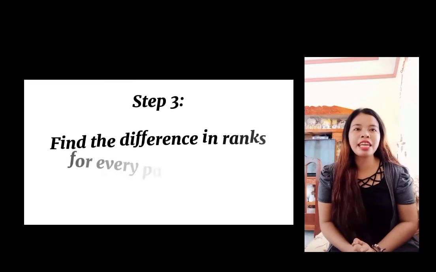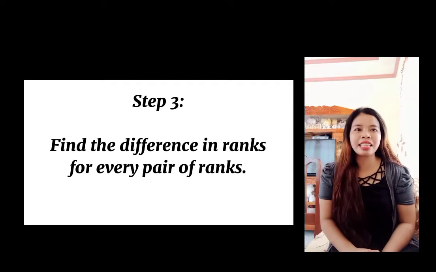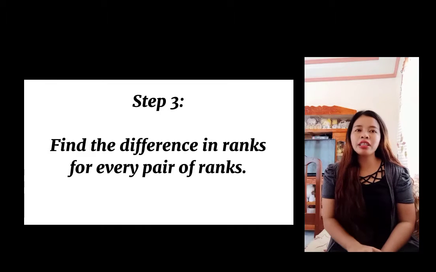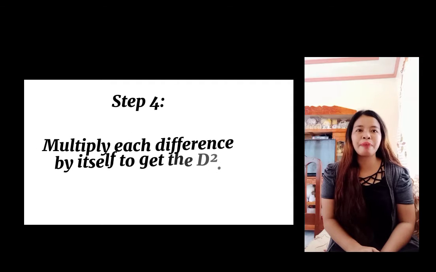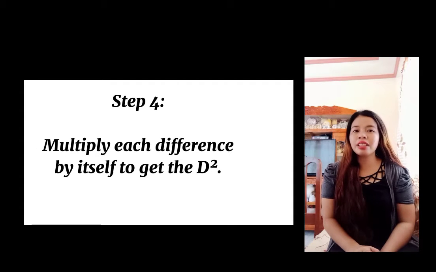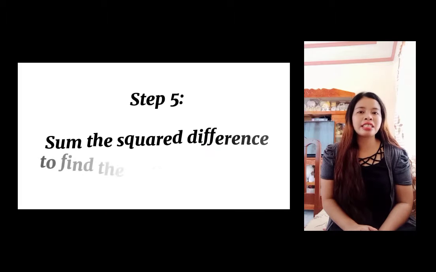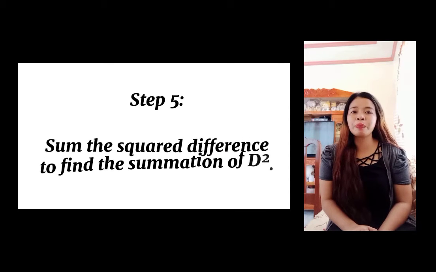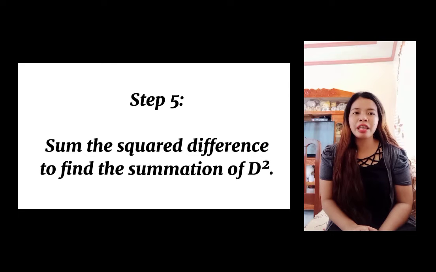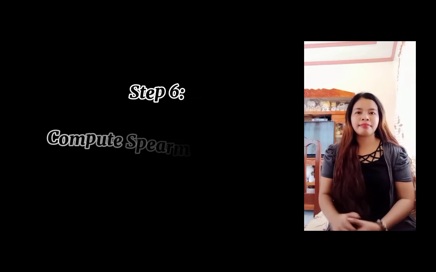In step 3, find the difference in ranks for every pair of ranks. In step 4, multiply each difference by itself to get the d squared. Step 5, get the summation of d squared. And step 6, compute Spearman rho by applying the formula.